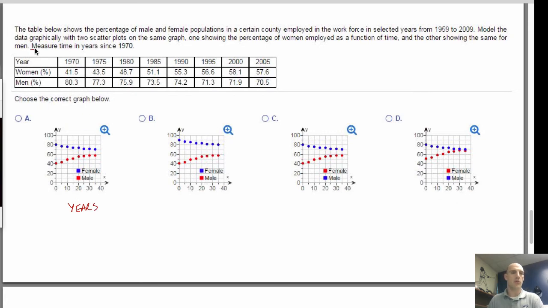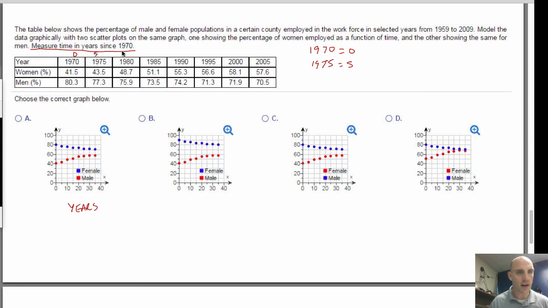Okay, and an important measure is the measure in time of years since 1970. So when it's 1970, how many years has it been since 1970? So 1970 equals 0, which would mean for 1975, the years since 1970 would equal 5. And so if it helps you, you can put it like this.